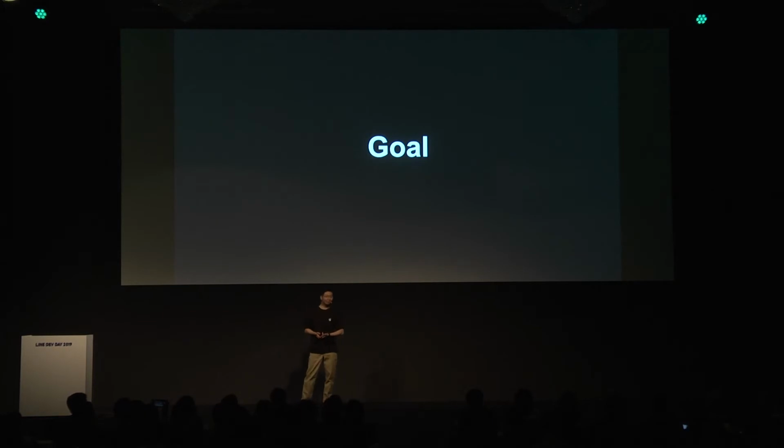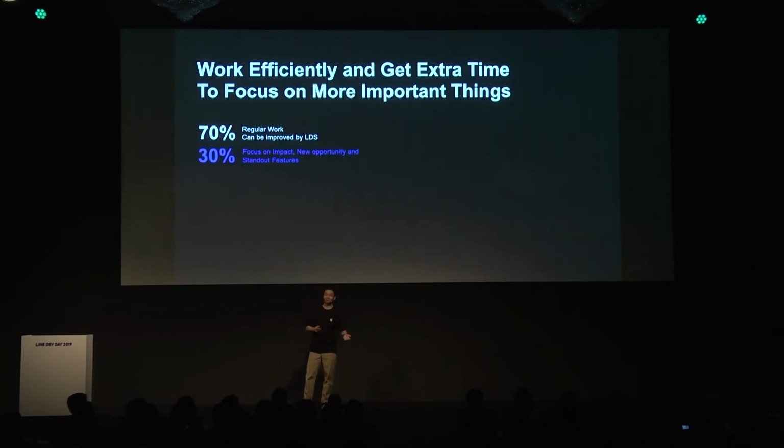So now it's time to talk about our goal. What is the goal of the Line design system? Our goal is to work efficiently and get extra time to focus on more important things. As a result, 70% of our regular work can be improved by LDS.